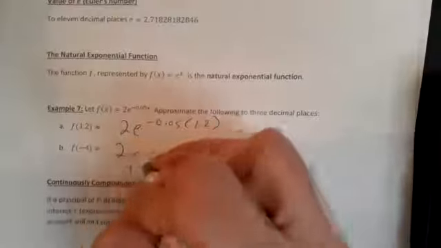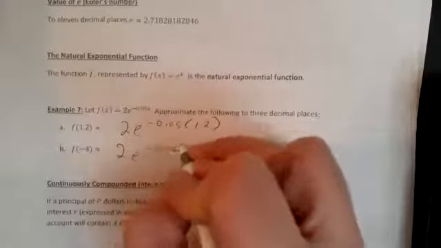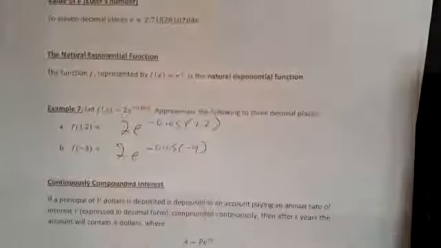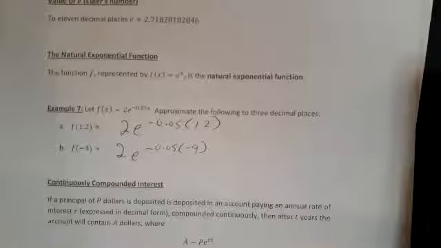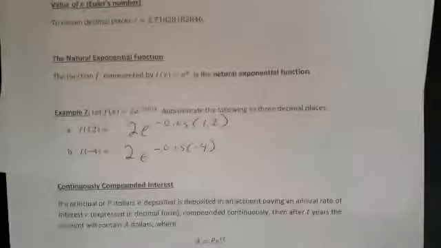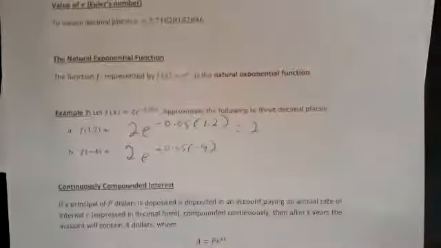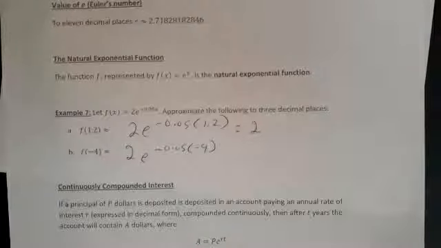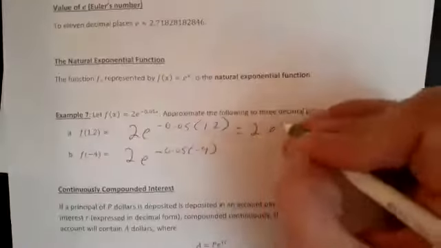And we want to find 2e to the minus 0.05 times minus 4. Can you pull out a calculator? Can you do order of operations in the correct order? So e to the 0.05 times 12. e to the negative of 0.6.